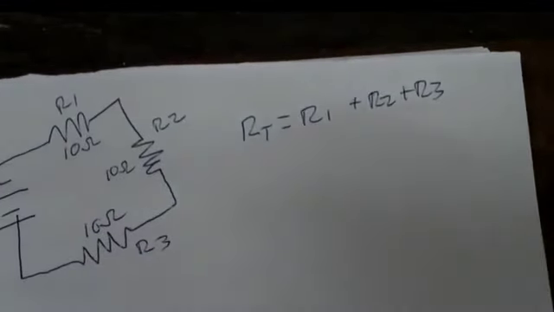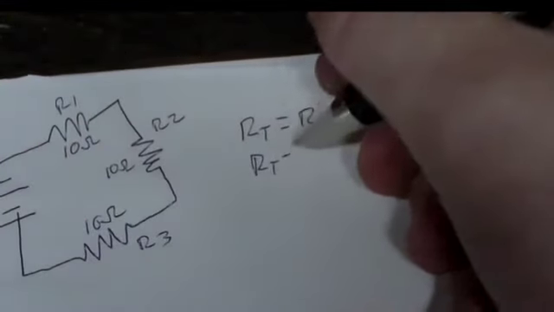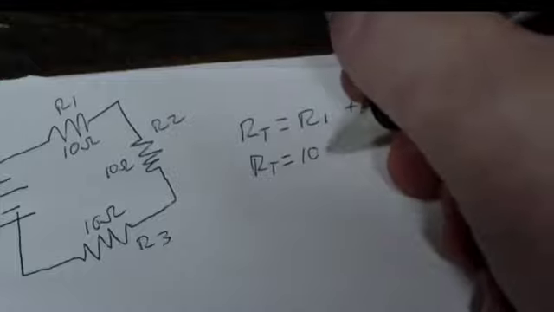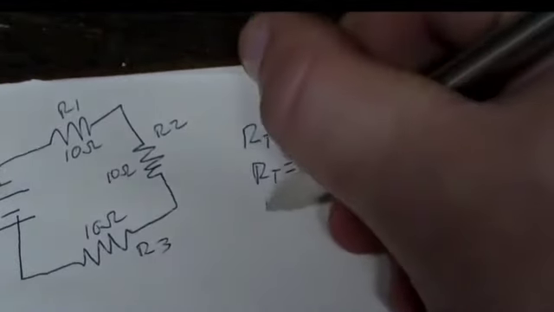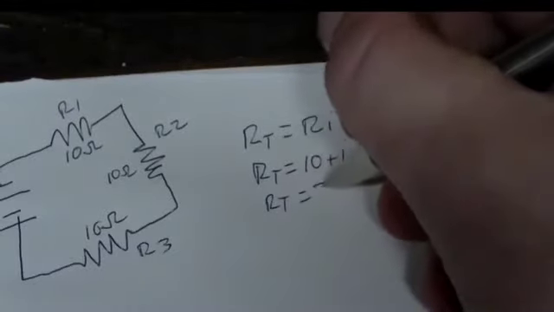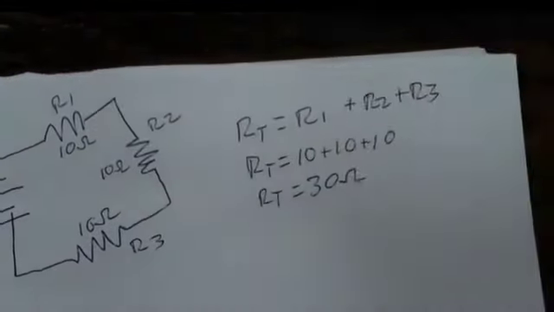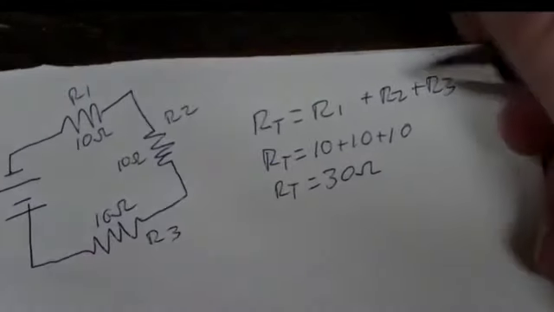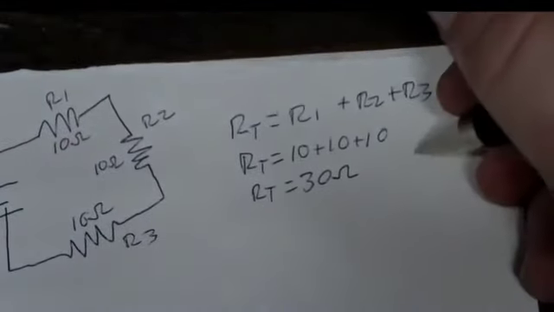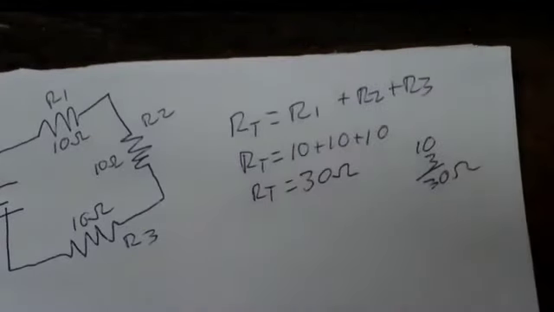That's your basic formula. So in this case, R total equals 10 plus 10 plus 10. So R total equals 30. That's ohms. Ohms is your resistance. Now in this case, since you got 3 of them, you could just make it simple and just say 10 times 3 equals 30 ohms.